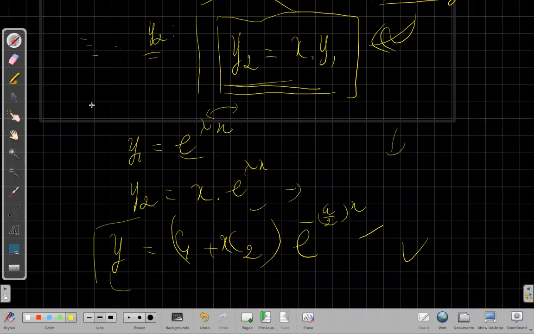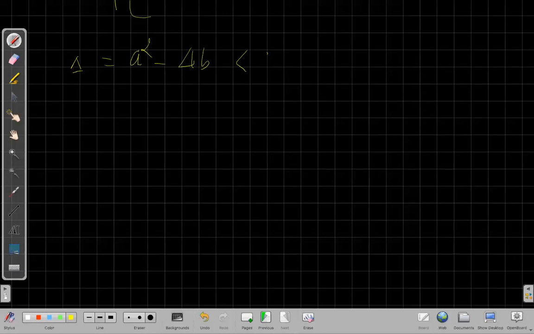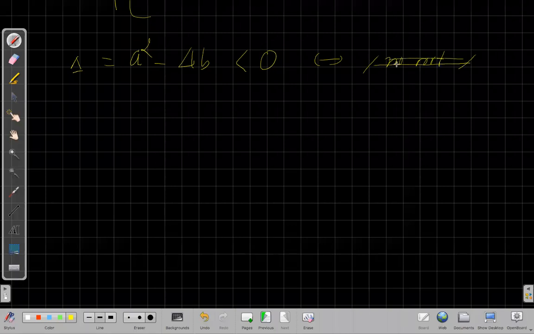And what is the last case? The last case we have the delta equal to a squared minus 4b, and in this case it is negative. So we usually say that it's negative, so we have no root. Actually, this is not completely true. In this case, we have two complex roots.